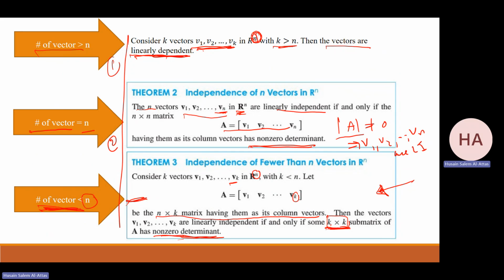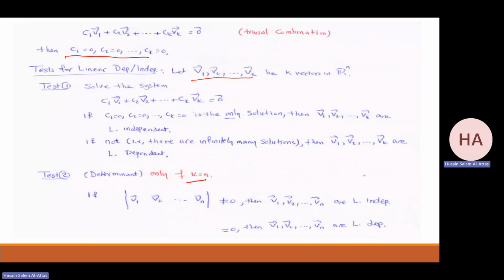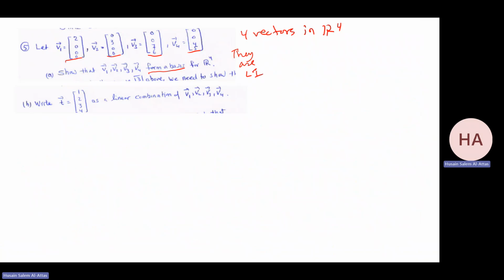How to check? Right away the determinant. Now I have a 4 by 4 matrix. Check the determinant. What do you think? Easy one. 2, 0, 0, 0, 0, 3, 0, 0, 0, 0, 7, 6, 0, 0, 4, 5. I can do the expansion along the first column.